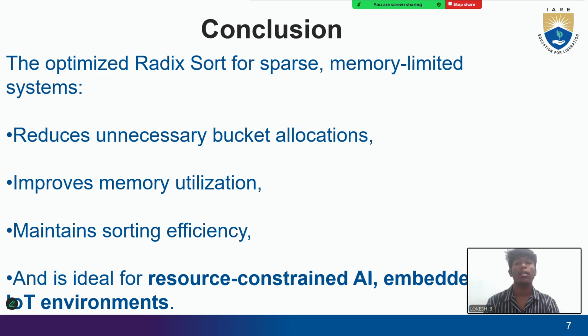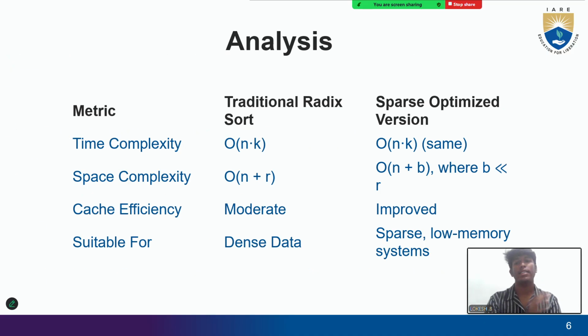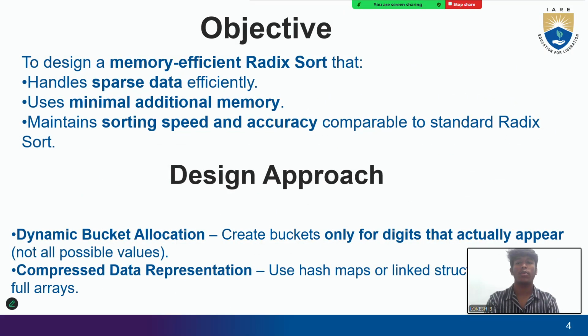Here, the main point is how the memory is limited for radix sort for sparse data. I have already told you about dynamic bucket allocation.